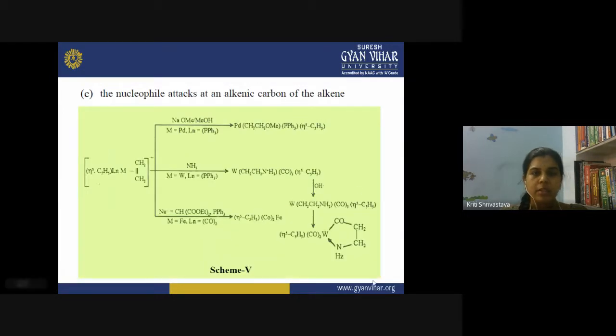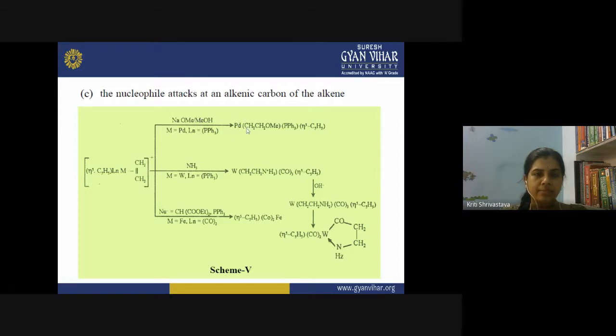Similarly, you can see here in this complex, the M could be different metal ions and L could be different ligands. So if my M is palladium and Ln is triphenyl phosphine, then in presence of sodium methoxide and methyl alcohol, what reaction takes place?